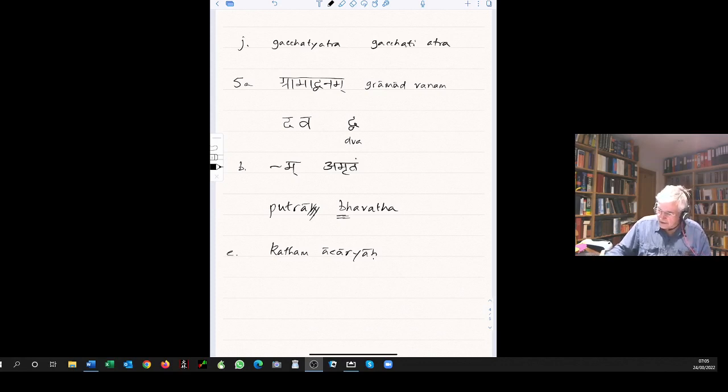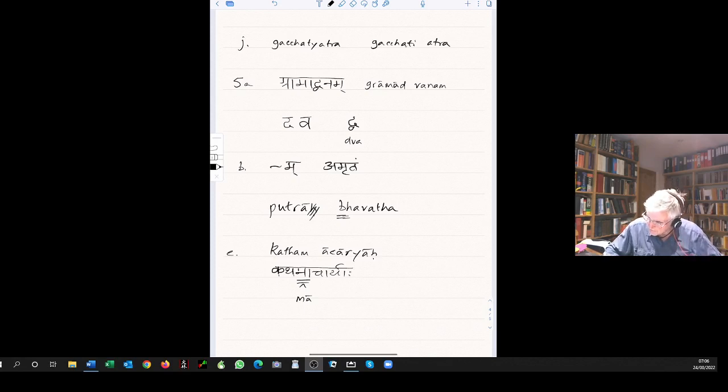Writing this now correctly in Devanagari, is katham and the acharya follows on as if it's part of the same word. So here is a ma. So it's from katham acharya.